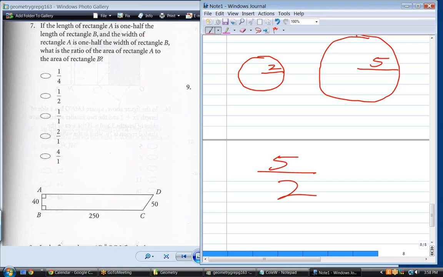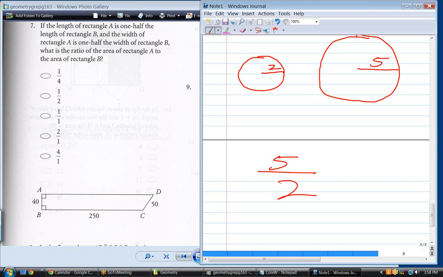And notice that radiuses are measured in inches or meters. So anything that's measured with a singular thing like that is a linear measurement, as opposed to an area measurement, which is always square meters or square feet or square inches. Well, what's the area ratio?